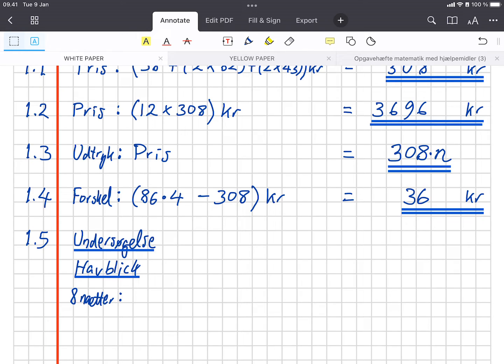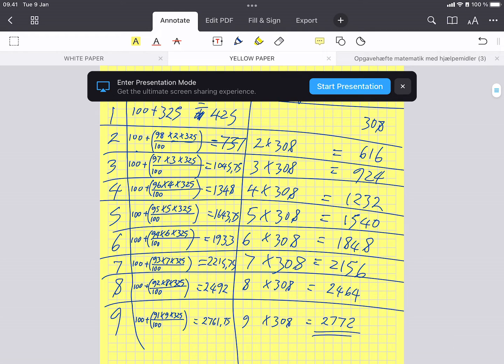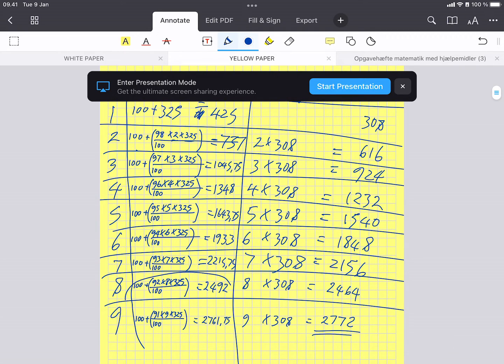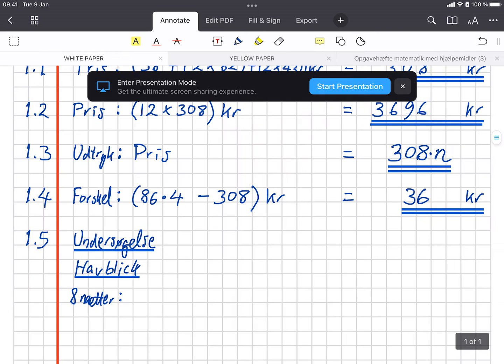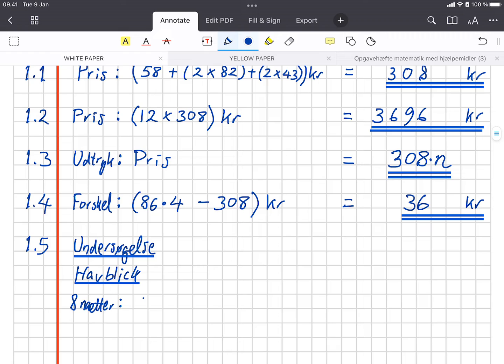And then the cost for 8 nights at Halblick was, back to my yellow paper, yeah, it was that expression there, wasn't it? So 100 plus 92% of 8 times 325. So 100 plus 92% of 8 nights times 325 krona.